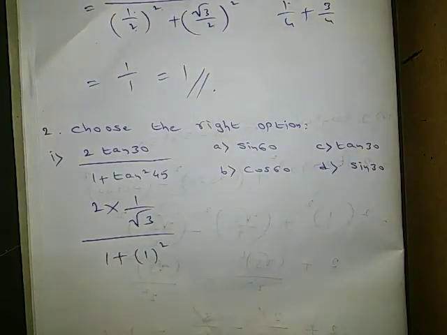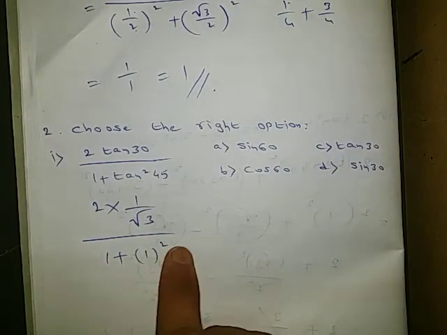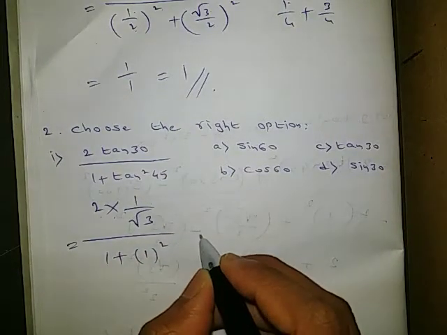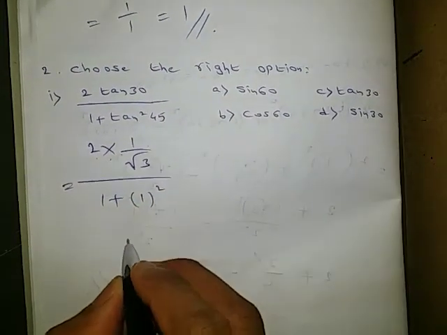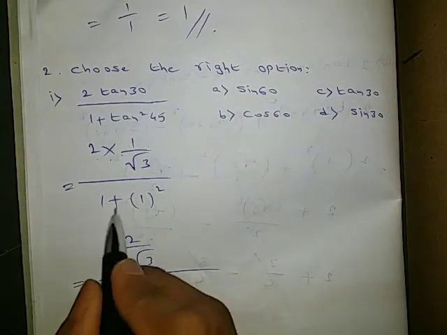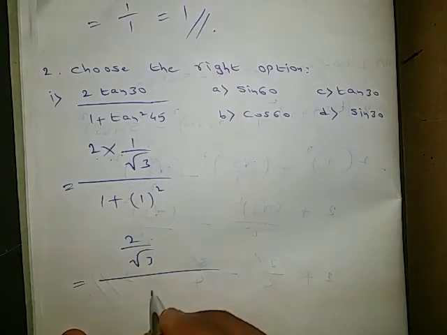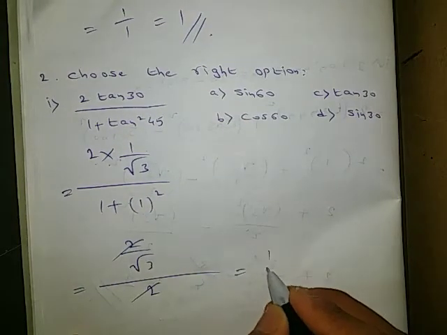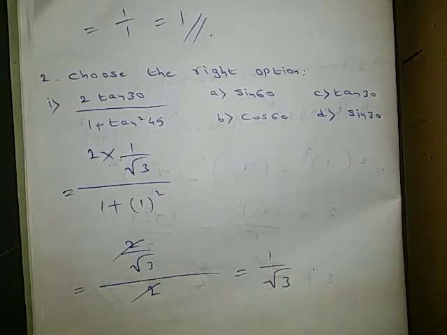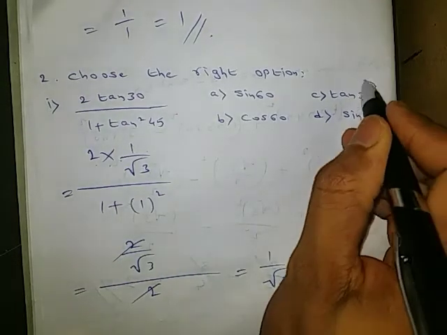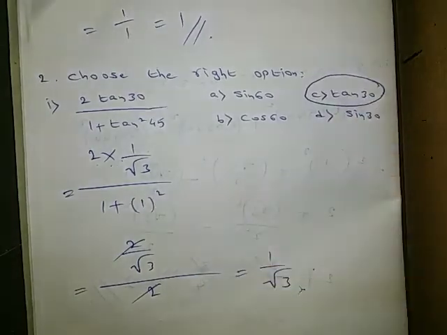Tan 45 is 1, so 1 square. 2 into 1 by root 3, that is 2 by root 3, whole divided by 1 plus 1, that is 2. So these 2 will get cancelled, so we remain with 1 by root 3. 1 by root 3 is the value of tan 30.